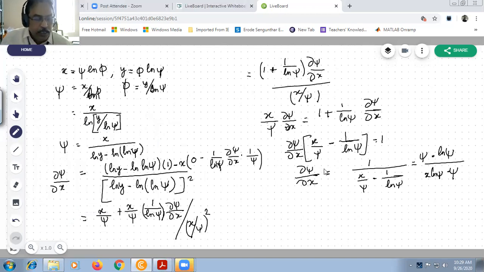Psi ln psi divided by x ln psi minus psi. Okay, so what is psi ln psi? What is x? Right?